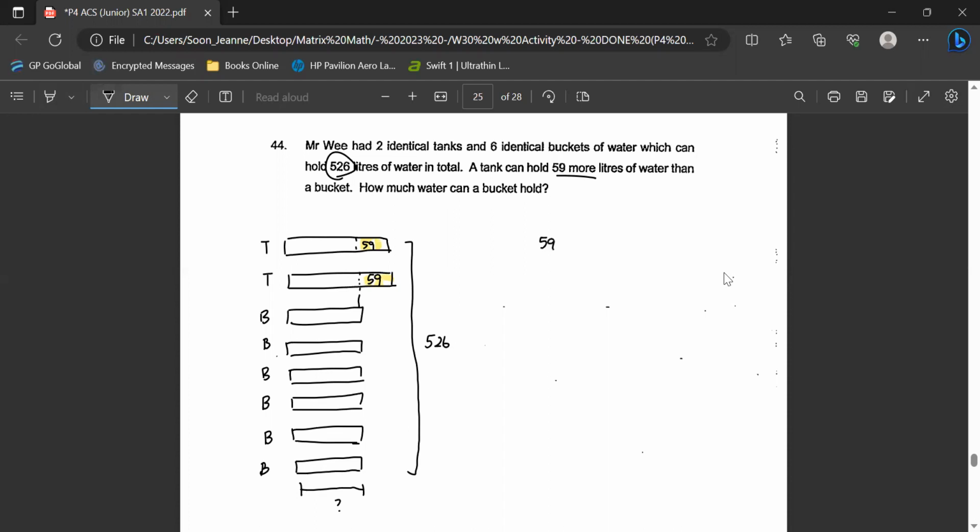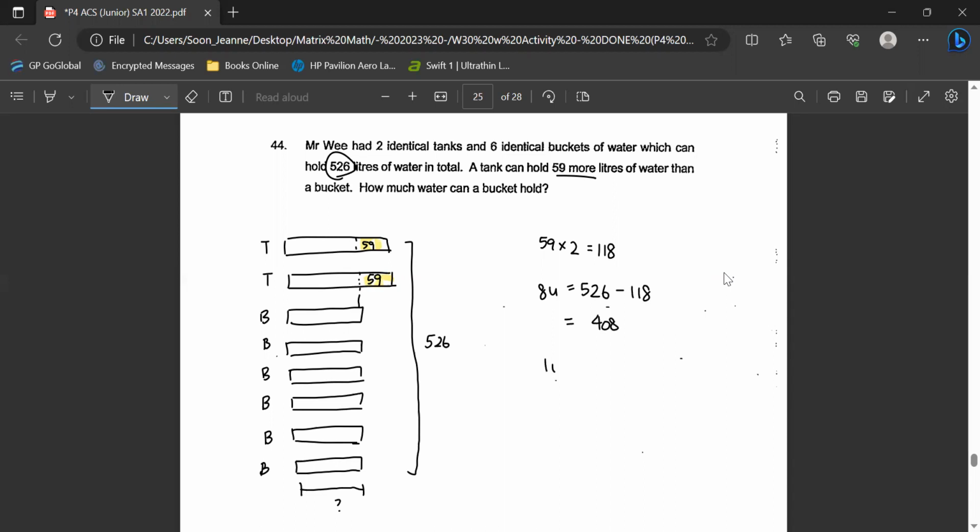So 59 times 2, or you can write 59 plus 59 also can. 118 liters. This 118 I must remove so that I get 1, 2, 3, 4, 5, 6, 7, 8 equal units. So I'm going to take away 118 from my total of 526. So 526 minus 118 equals 408.